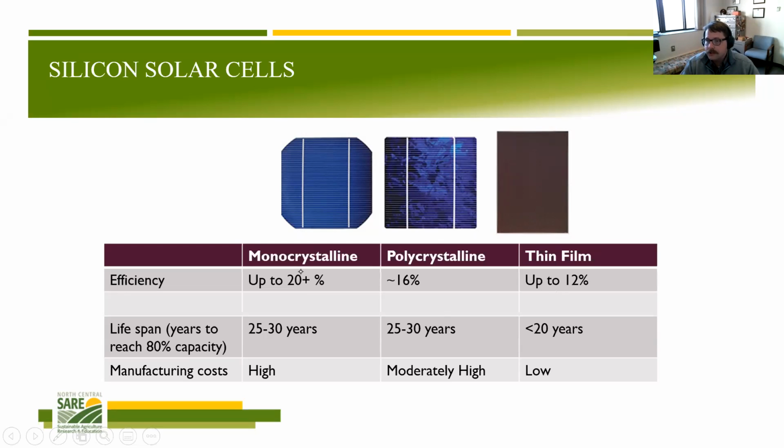Monocrystalline are more efficient than polycrystalline, which are more efficient than thin film. And both mono and polycrystalline have long lives, while thin film doesn't last quite as long. A lot of people say, well, that means I want monocrystalline. I say, well, maybe. What's the price per unit power?